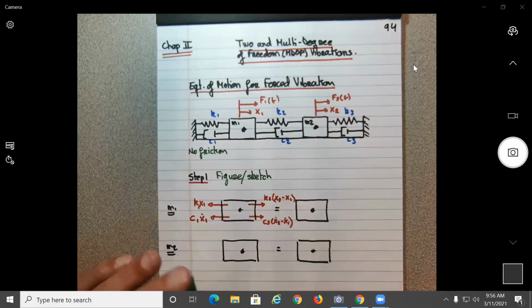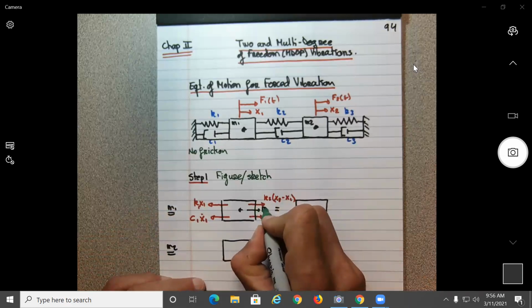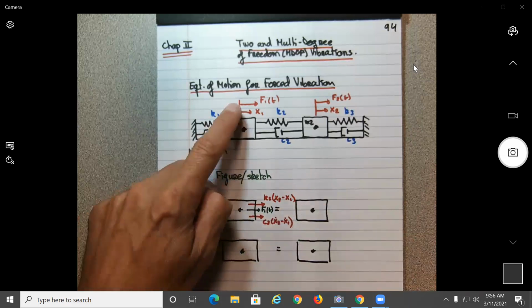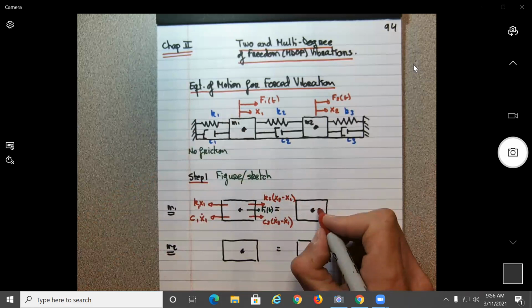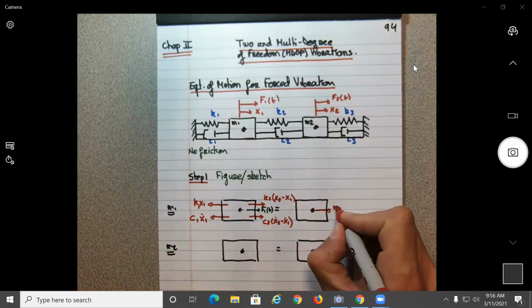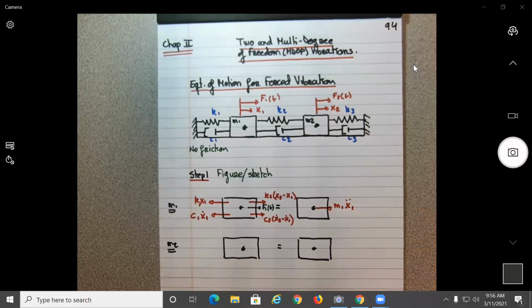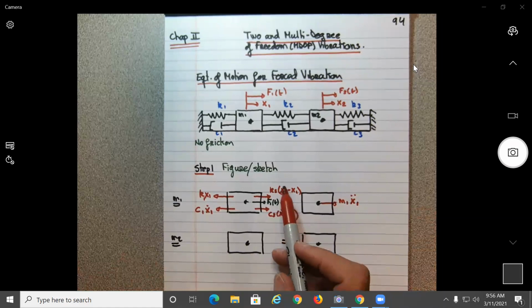And let's not forget, we still have the force here, F1 of t, which is this one over here. Okay, and the motion of this one will be what? Will be M1 X double dot 1. All right, so it's the same as before, but we need to be careful here.